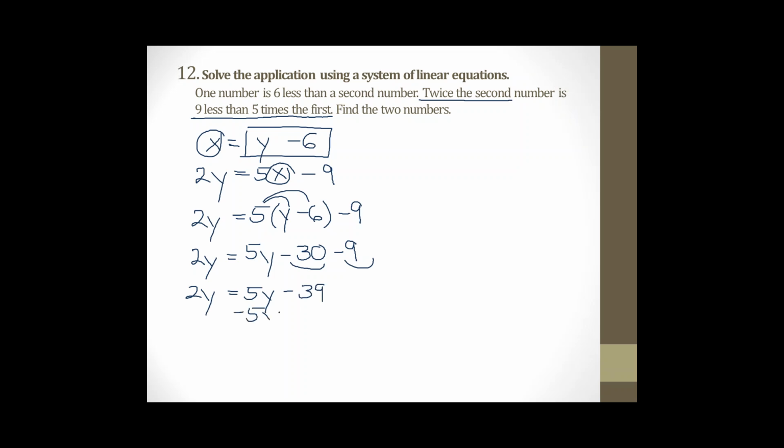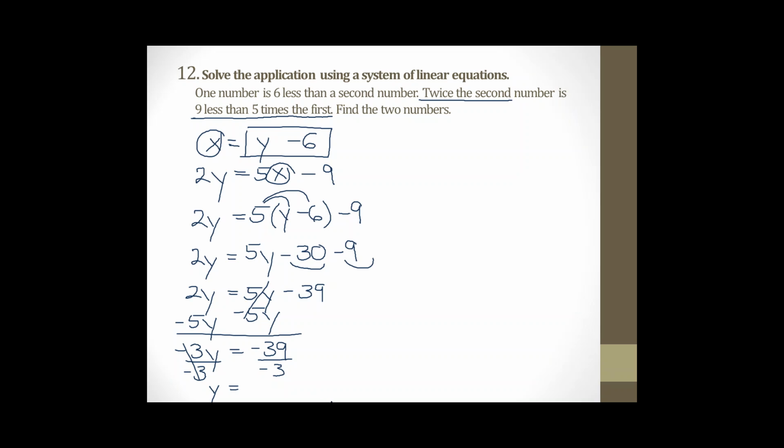Subtracting 5y from both sides to get y all alone cancels out. On this side I now have negative 3y is equal to negative 39, and then dividing by negative 3, which is negative 39 divided by negative 3.